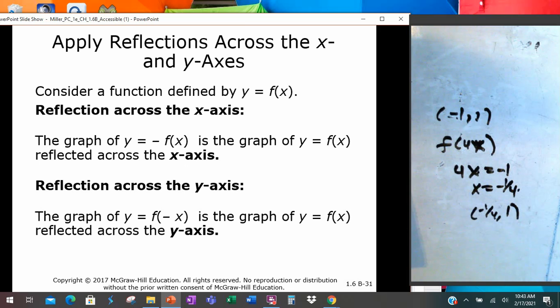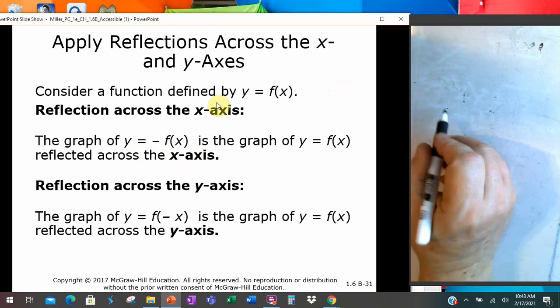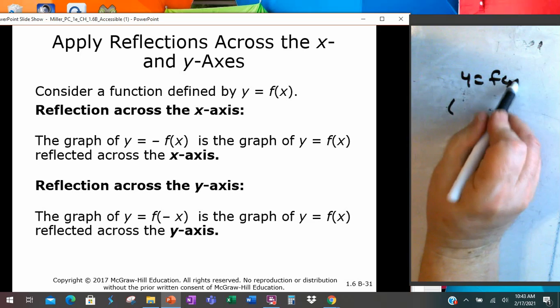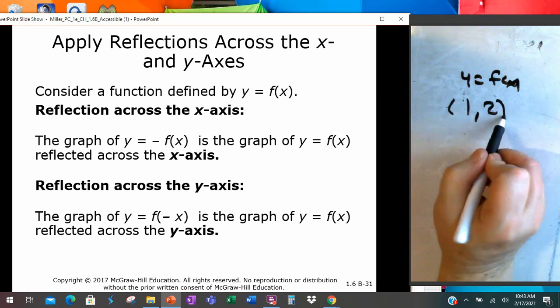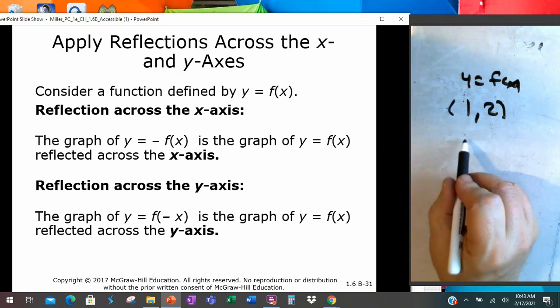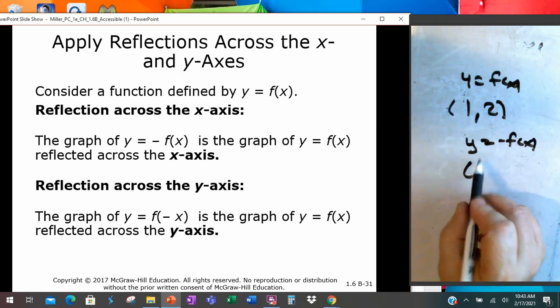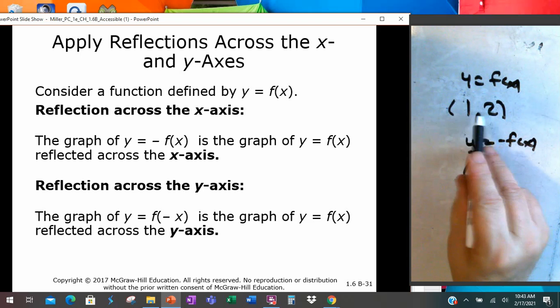So for reflections across the x and y axis, the graph of y equals -f of x, when I throw that negative in, just flips it around the x-axis. If it was positive, when I do a negative, it goes to a negative. If I know the points of y equals f of x, say 1, 2, then with y equals -f of x, 1 goes to -2.